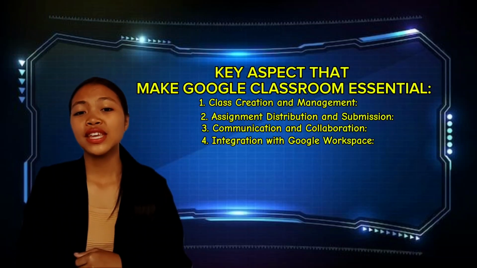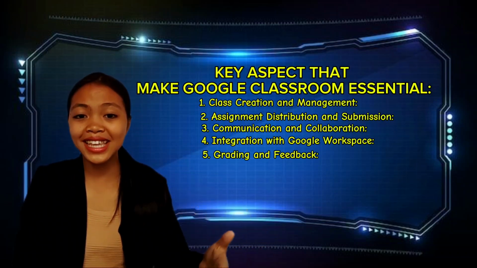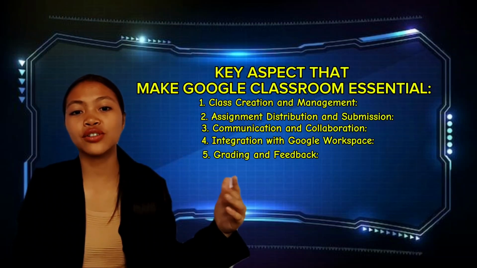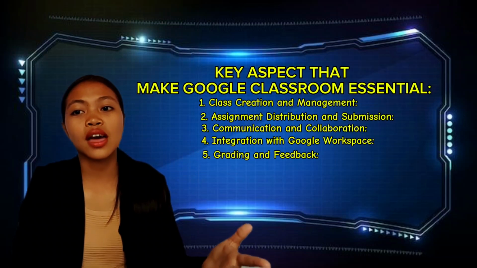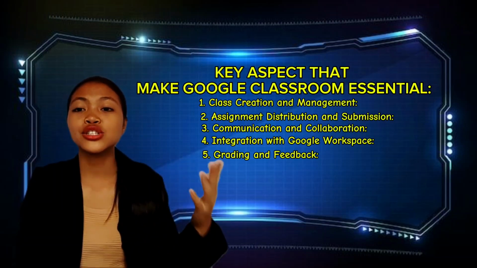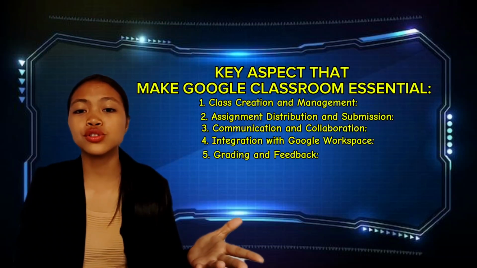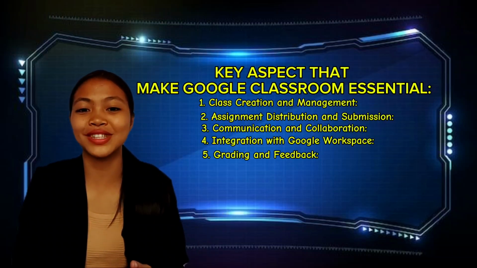And number five, grading and feedback. The teacher can grade assignments directly here and give feedback directly. They just put in the scores that the student deserves, and the teacher can also access the feedback of the students here.